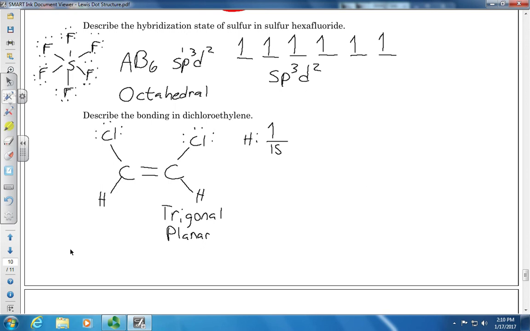Chlorine has 1 bond to carbon and 3 lone pairs. So when you look at that, it's almost as though it's attached to 4 different species. 4 things are attached to it. You would treat this instance similar to as if you had a carbon attached to 4 hydrogens.